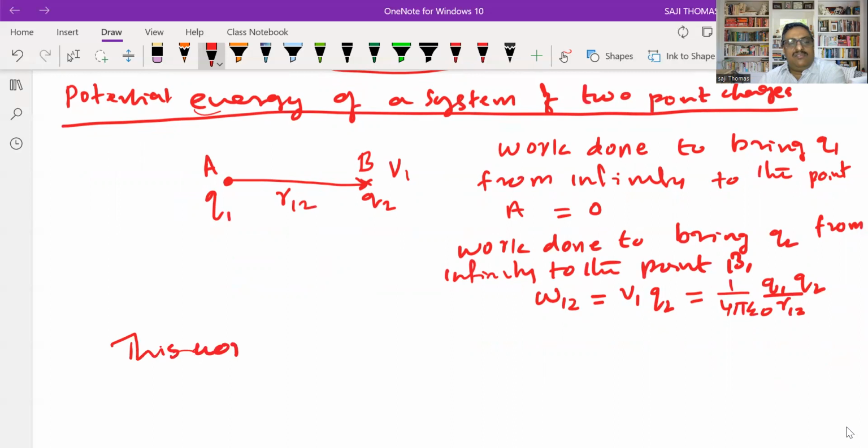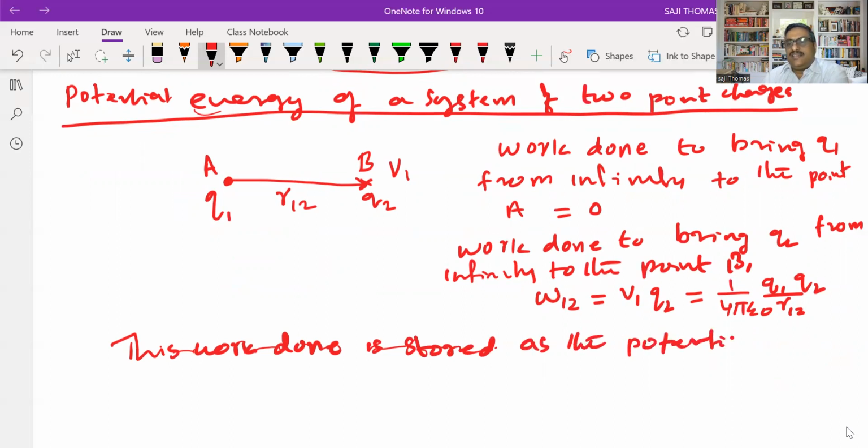This work done is stored as the potential energy of the system. I think now the concept is clear.